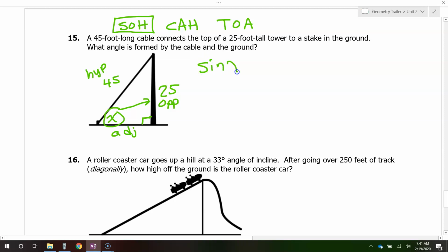So sine of the angle we circled is opposite over hypotenuse. So 25 over 45. Now, do we multiply, swap, or inverse? When the variable is inside the trig function, this is when you inverse. So we will do inverse sine of 25 over 45. And that will give us x.